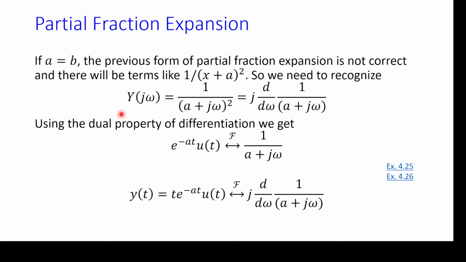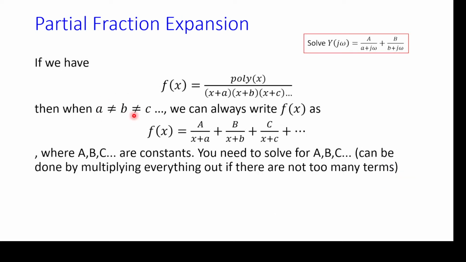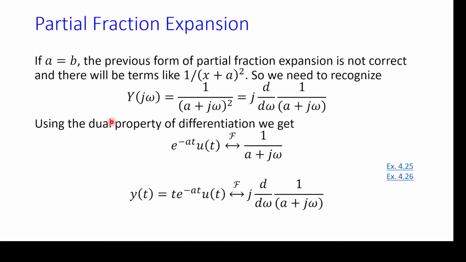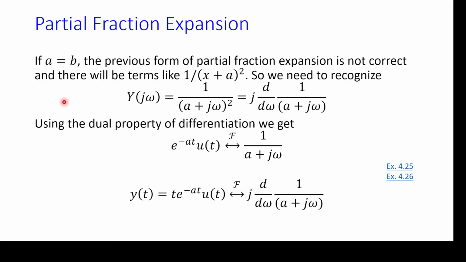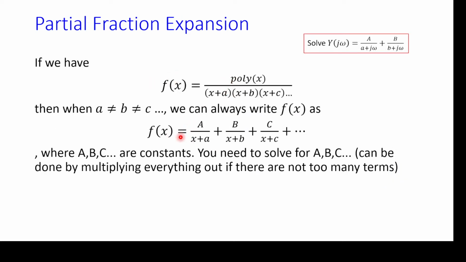But there are tricky points. We have this condition that we must satisfy where all the roots are different, a not equal to b not equal to c. It turns out that when you have terms like a equal to b, so basically you have x plus a squared, then you cannot break it into something so simple. You will also get an extra term that has something over x plus a squared.